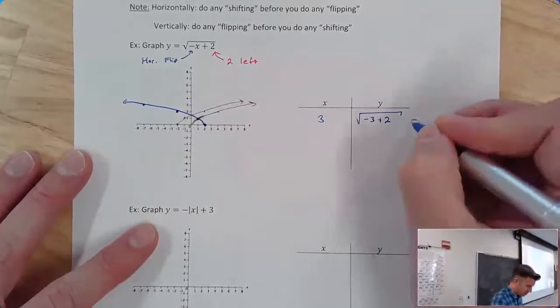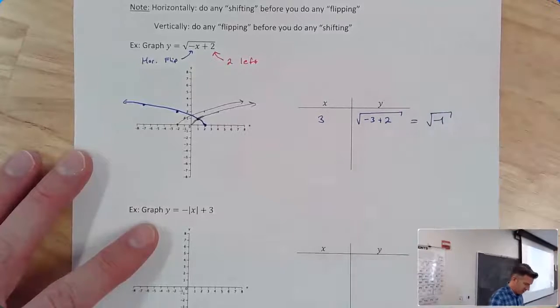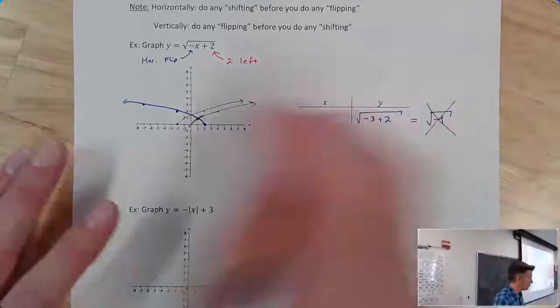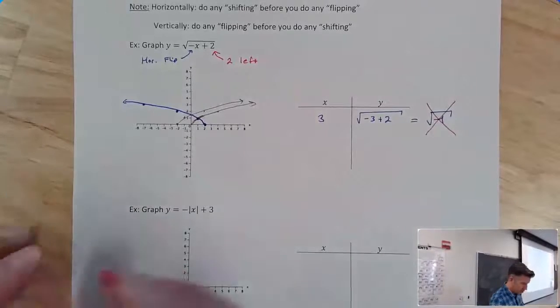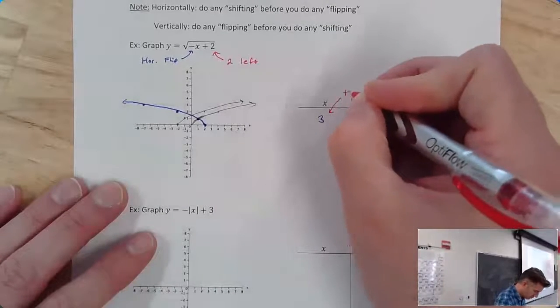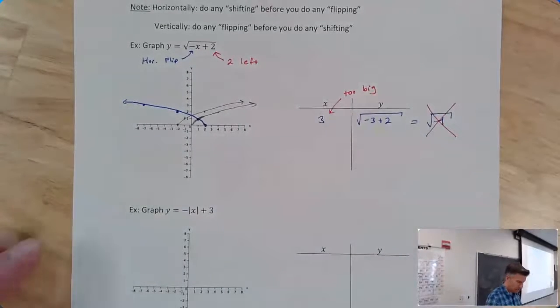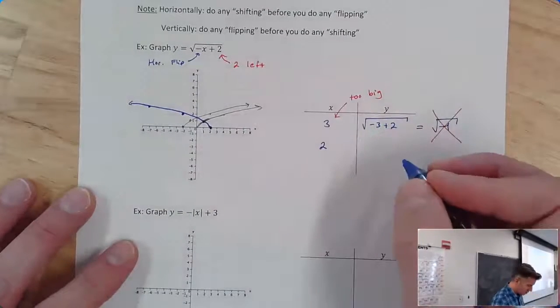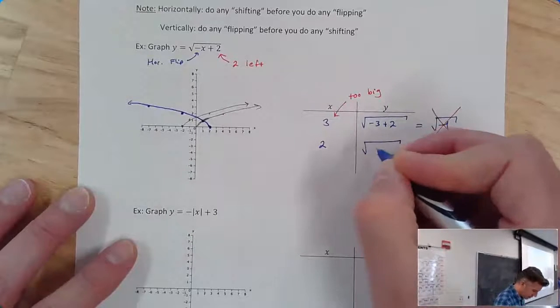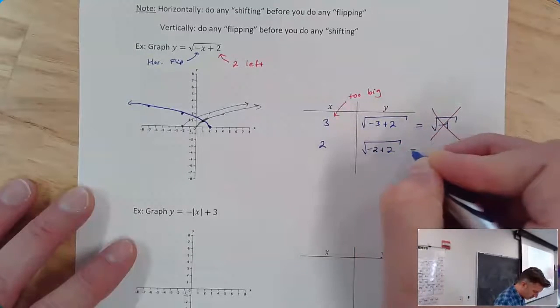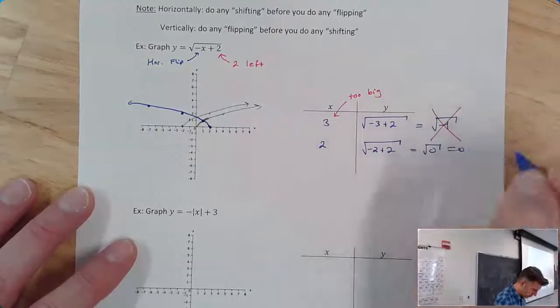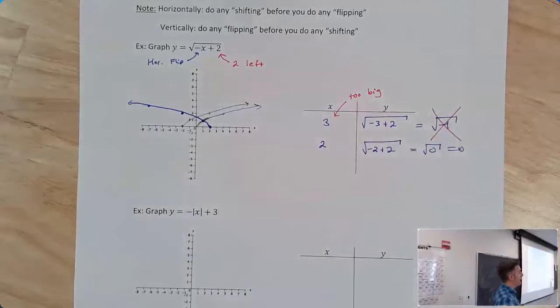But that's the square root of -1, and we don't want imaginary numbers. So we know that 3 is too big. Out of bounds. On the other hand, 2 is perfectly fine. Plug in 2, you get the square root of -2 plus 2, which is the square root of 0, which is just 0. So 2 is the upper bound for the domain.